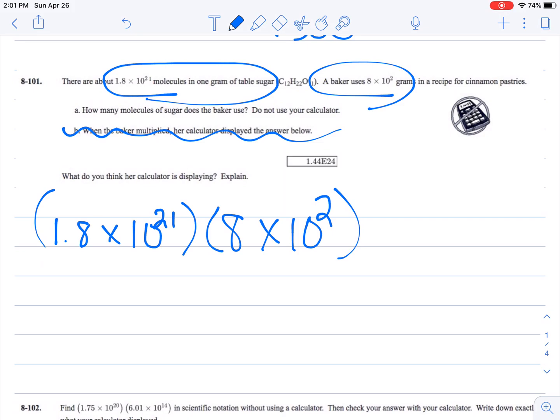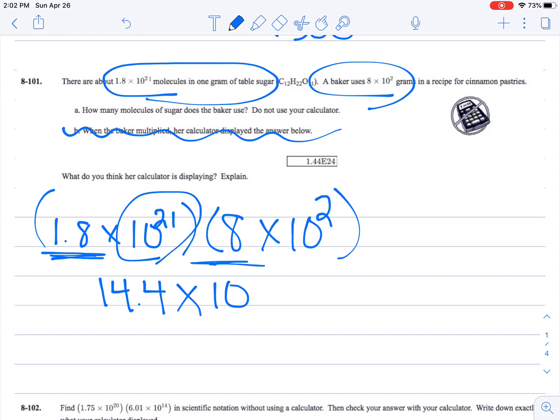Now, the part I'm going to use the calculator for is to multiply 1.8 times 8. And that gives me 14.4 times 10. And if I have an exponent here and an exponent here, and I'm multiplying, they're the same base, I add the exponent. So 21 plus 2 gives me 23.